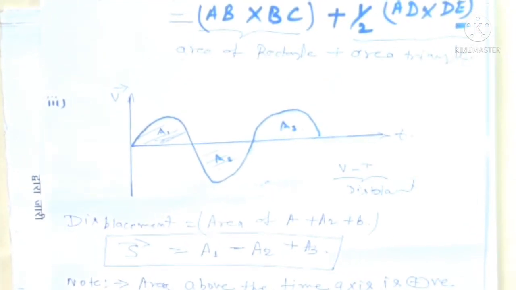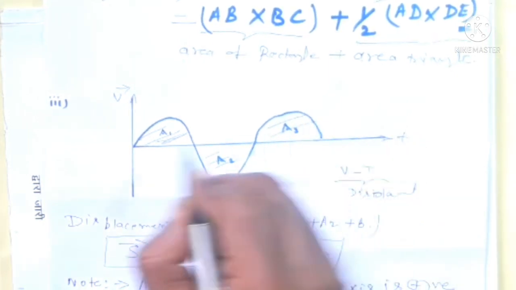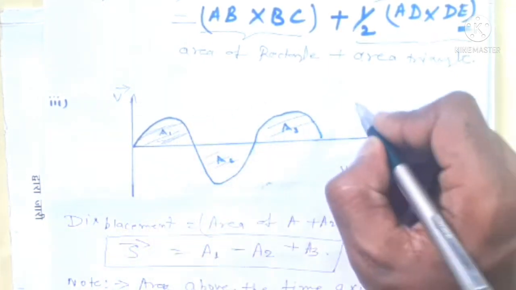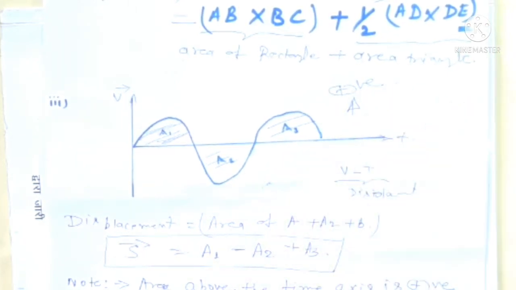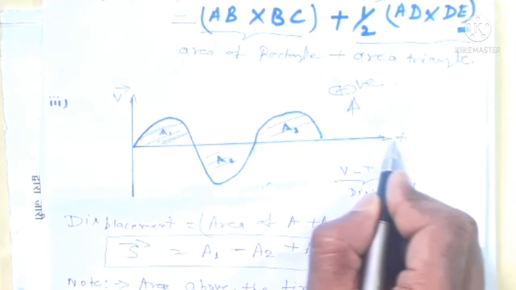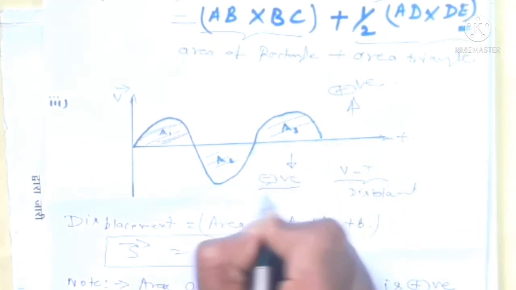This area above the time axis is taken as positive, and below the time axis is taken as negative.